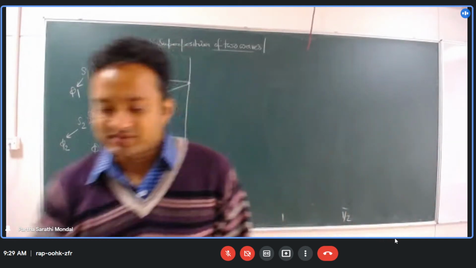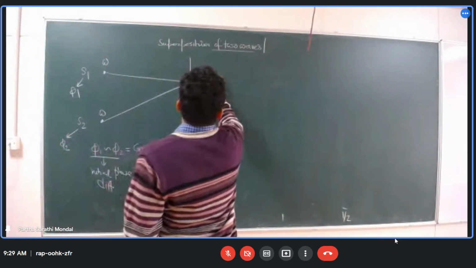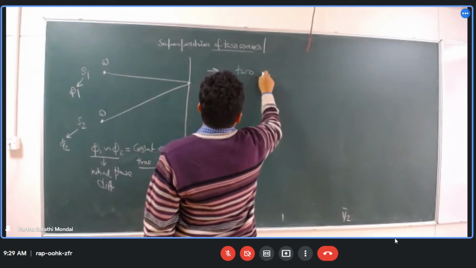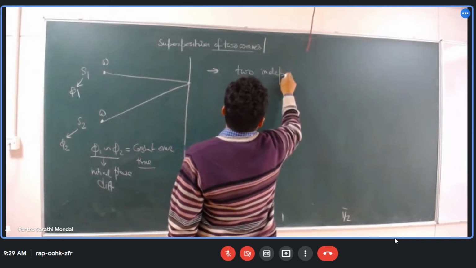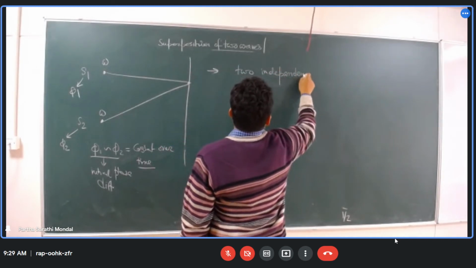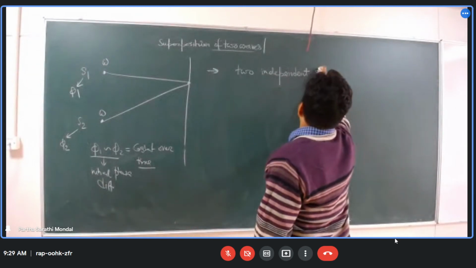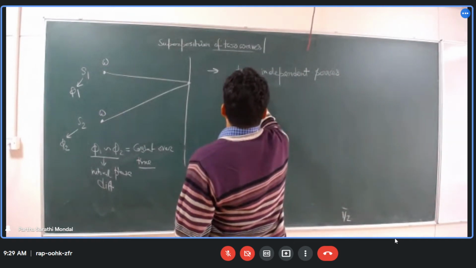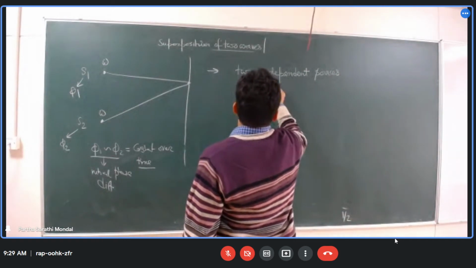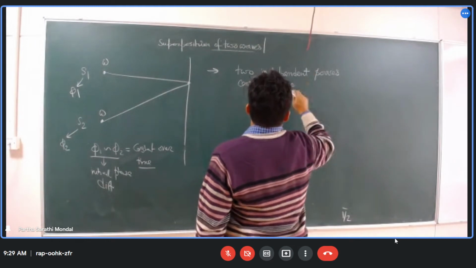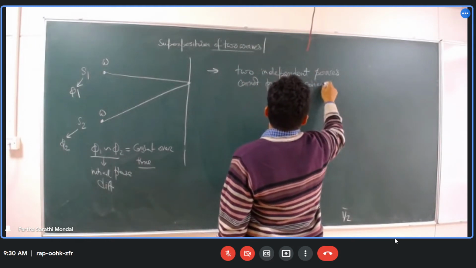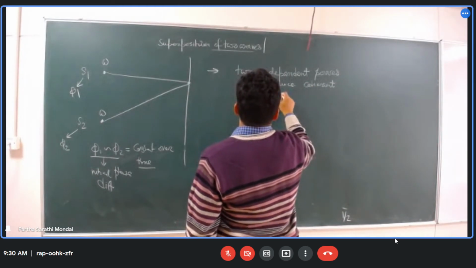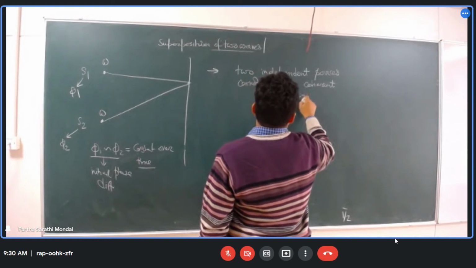So what I'm trying to say is that two independent sources cannot produce a coherent pair of light.